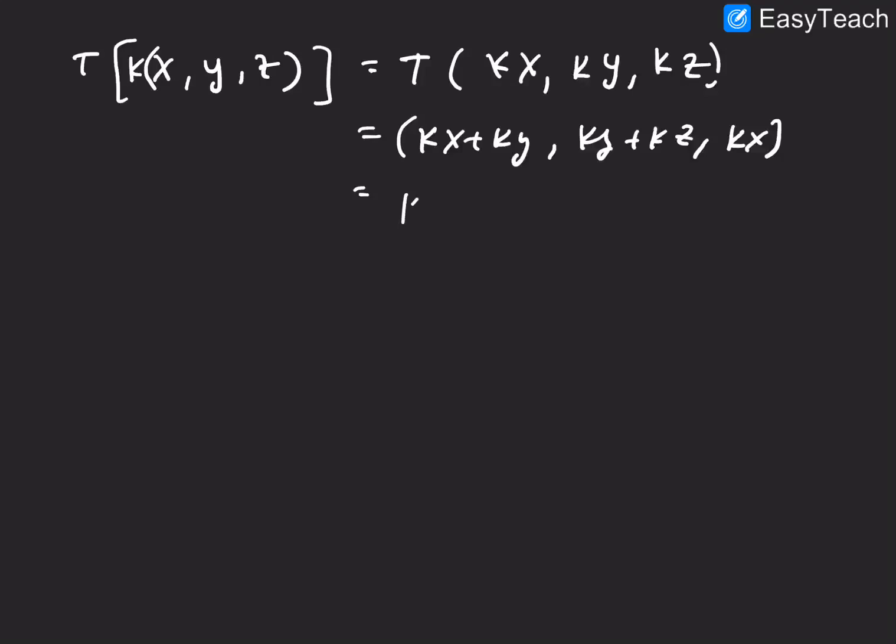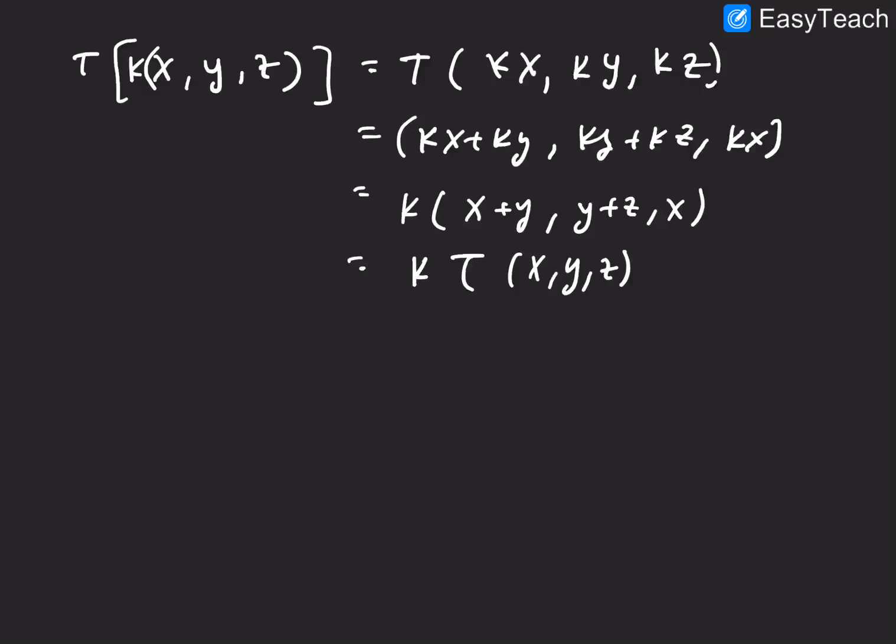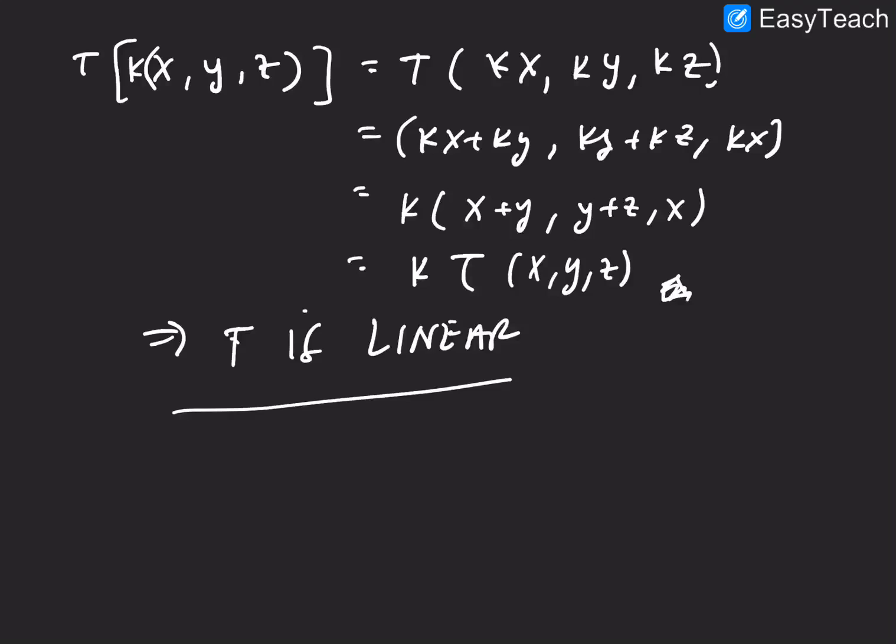And if I were to factor out a whole k from everything, I have x plus y, y plus z, and x. Well, that is simply k times t of x, y, z. So that also checks out, and that means that t is linear. Ta-da! So t is linear.